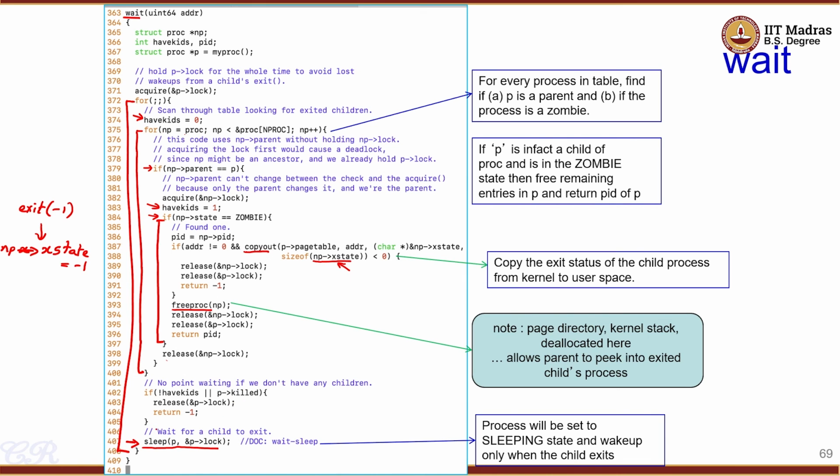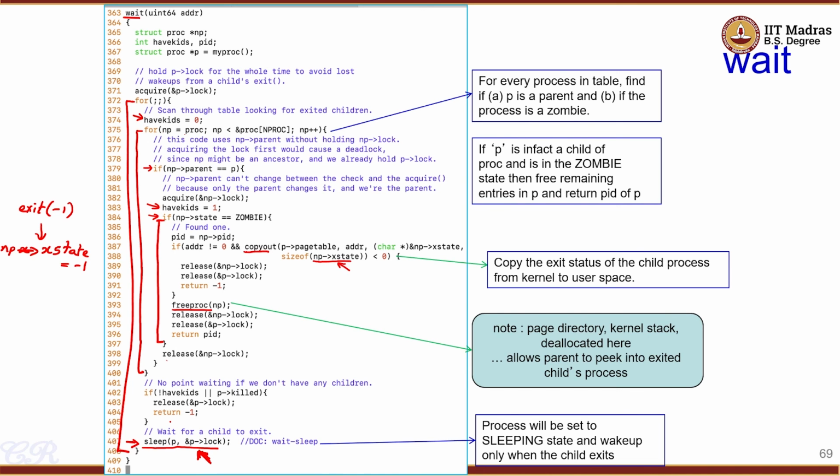On the other hand, if there are children, and the child is not in the zombie state, then the process will sleep. Sleeping means that the process goes into a blocked state. It cannot execute anymore, and it is waiting on this particular lock.